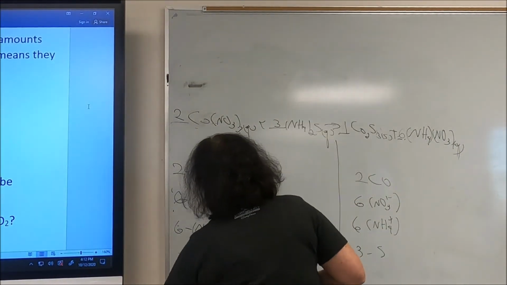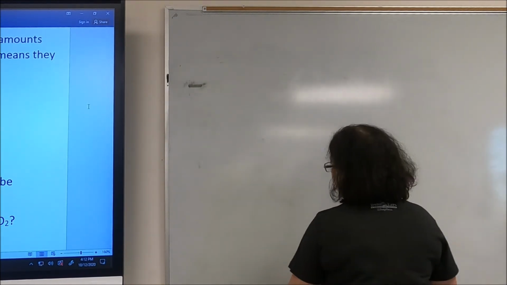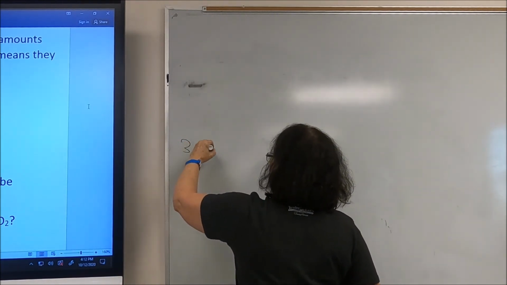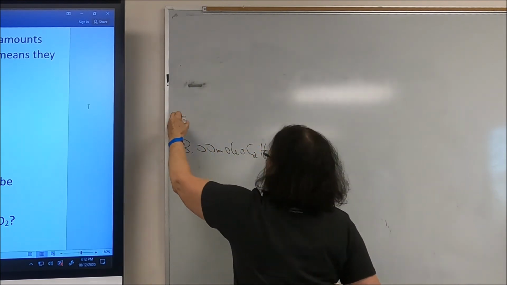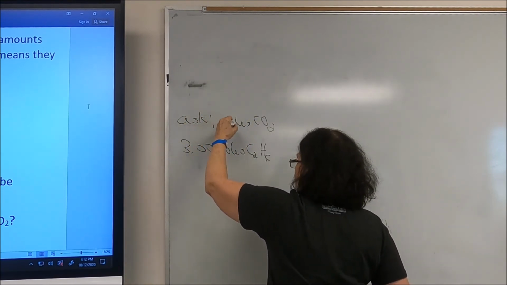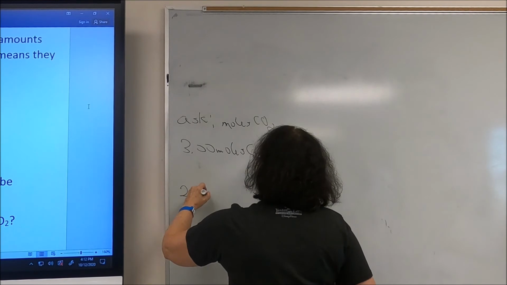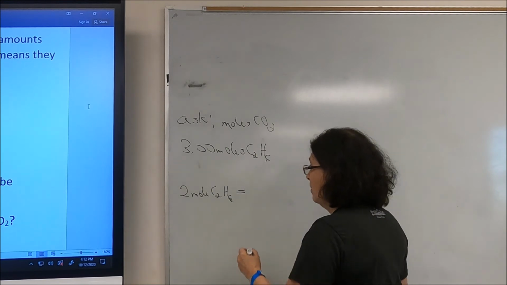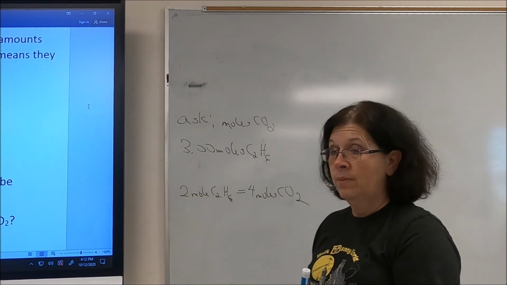Okay? So let's look at this. I'm starting out with 3 moles of C2H6, and I'm asked moles of CO2. Now, looking at the balanced chemical equation, we know that 2 moles of C2H6 produce, and the equal sign is the same as the word produce, 4 moles of CO2. Okay?